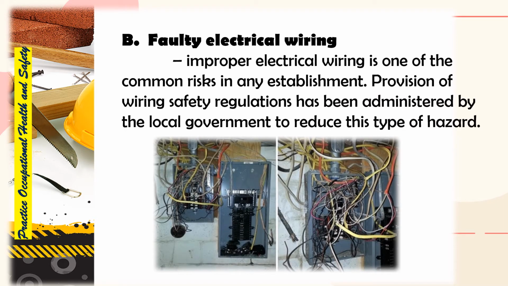Improper electrical wiring is one of the common risks in any establishment. Provision of wiring safety regulations has been administered by the local government to reduce this type of hazard. So regular check-up and monitoring of electrical wiring and all its equipment and appliances should be a habit.